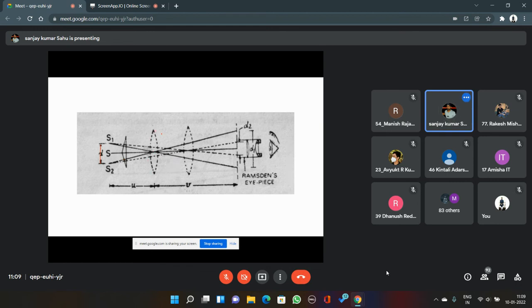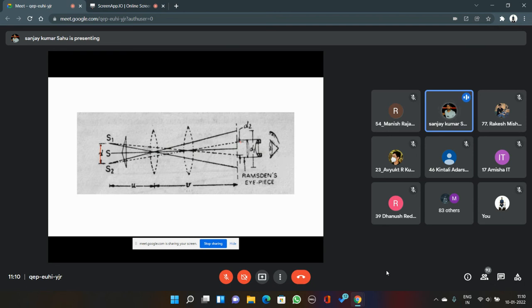Now when you move the convex lens towards the biprism, at a certain point you will be able to focus these two virtual sources nicely. That point is going to give you the distance d1.